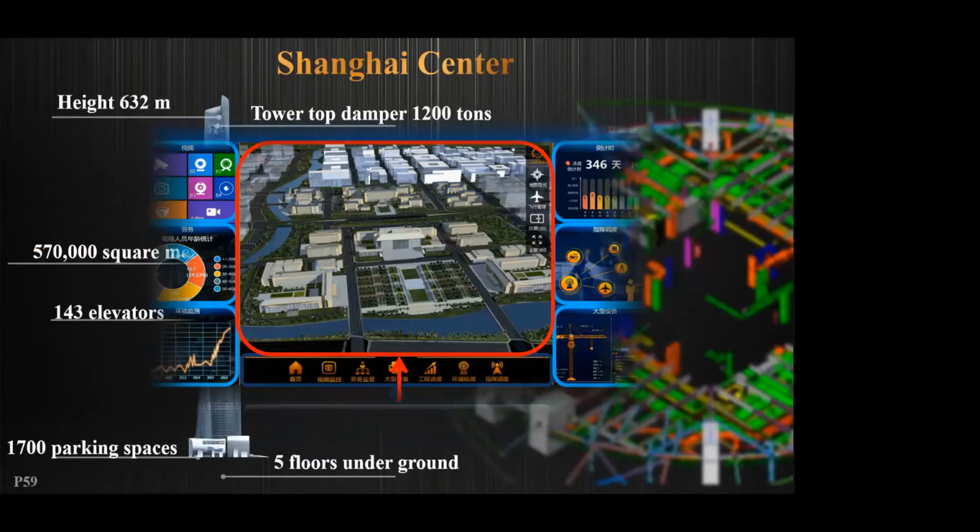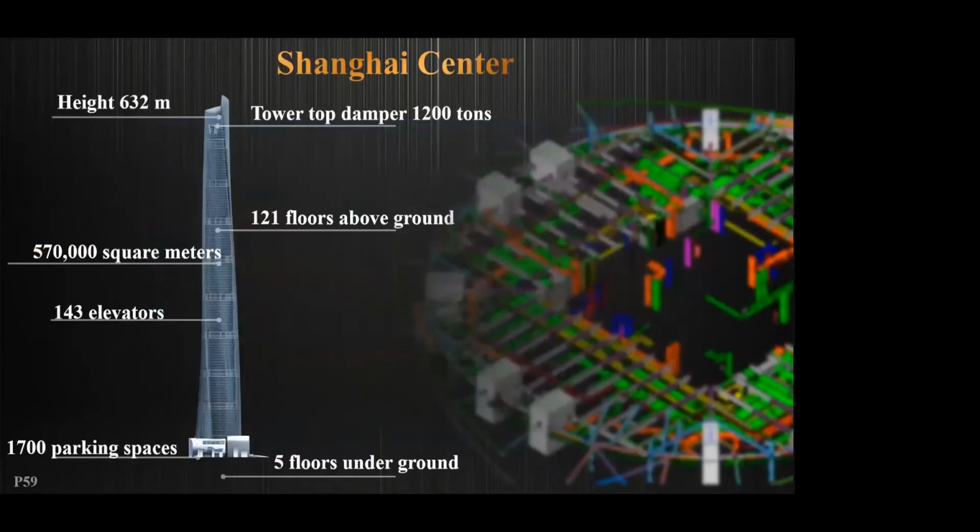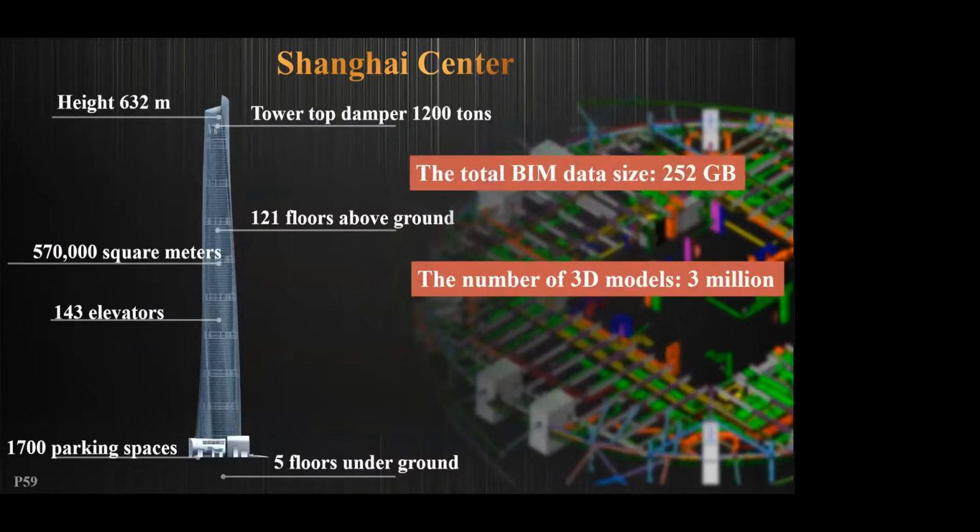And next is the Shanghai Center, which is a very tall building. The total BIM data size reached 252 gigabytes, and the number of 3D models of this building reached 3 million.